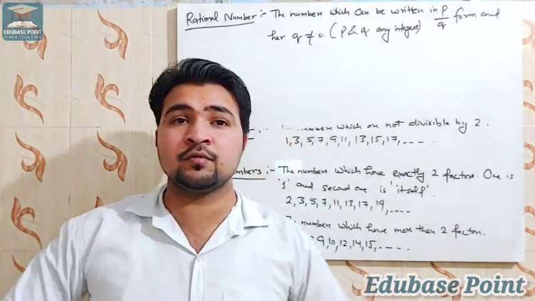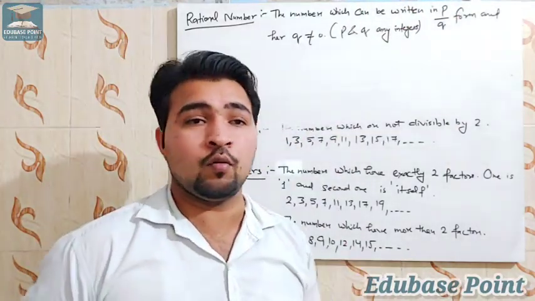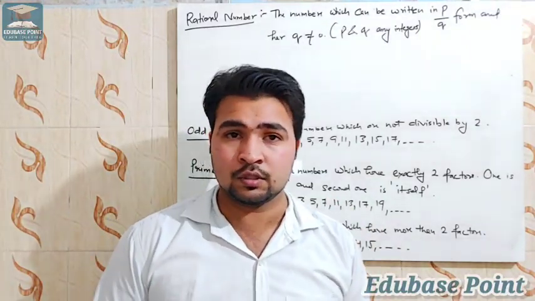Okay, this is the condition for the rational number: it can be written in the P upon Q form, P and Q are integers, but Q is not equal to 0.